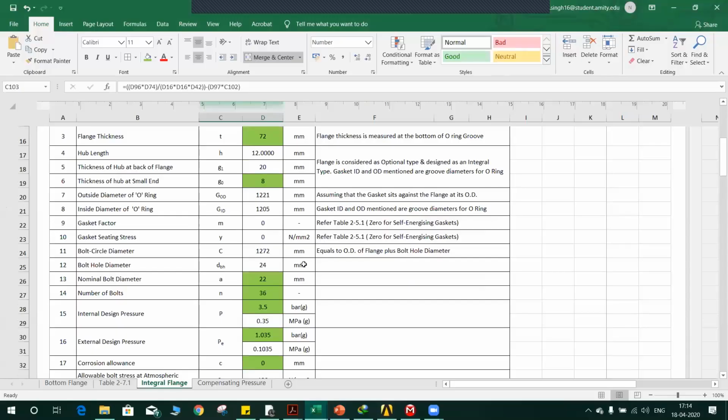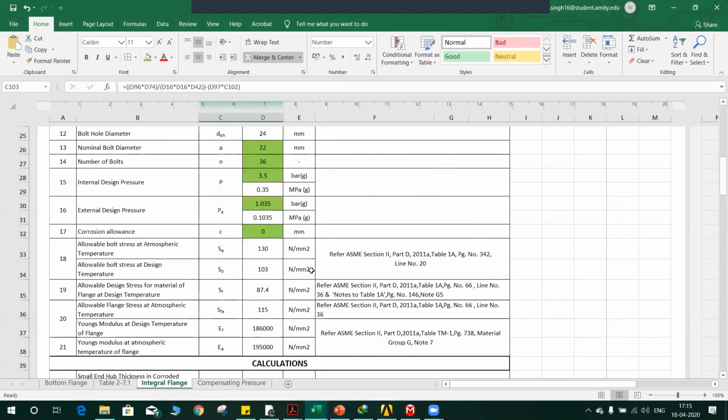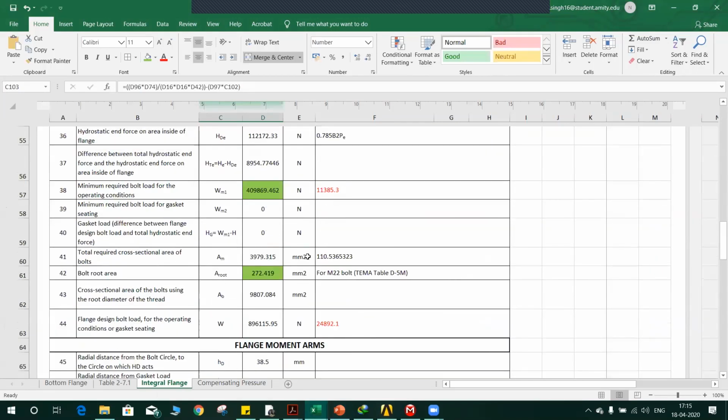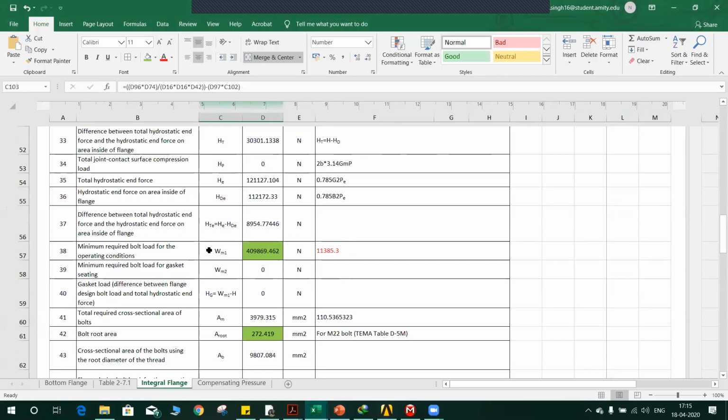So here the nominal diameter of the bolt I have taken as 22 mm, M22 size. The minimum bolt load WM1, which I was telling in the PPT, here comes out to be 409,000 newtons.